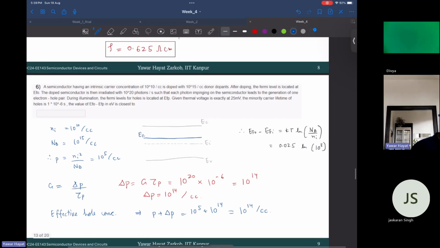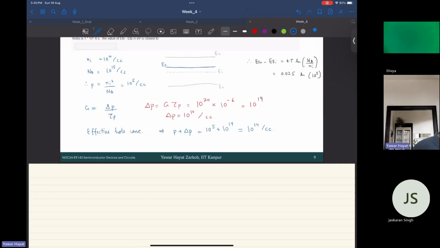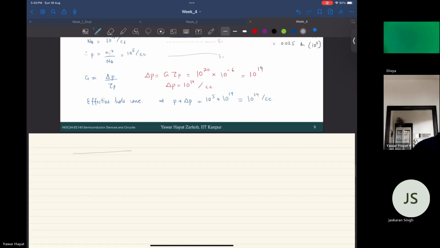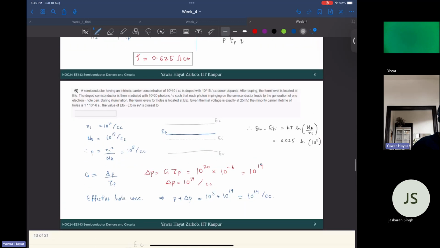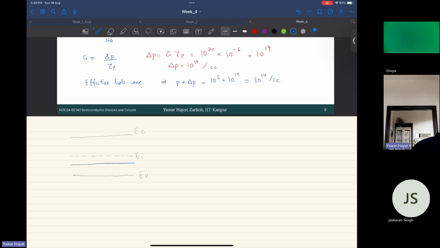Now let's make another page. This is your EC, this is your EI, and this is your EV, I mean valence band level. And this is your Fermi level for holes, your EFP.